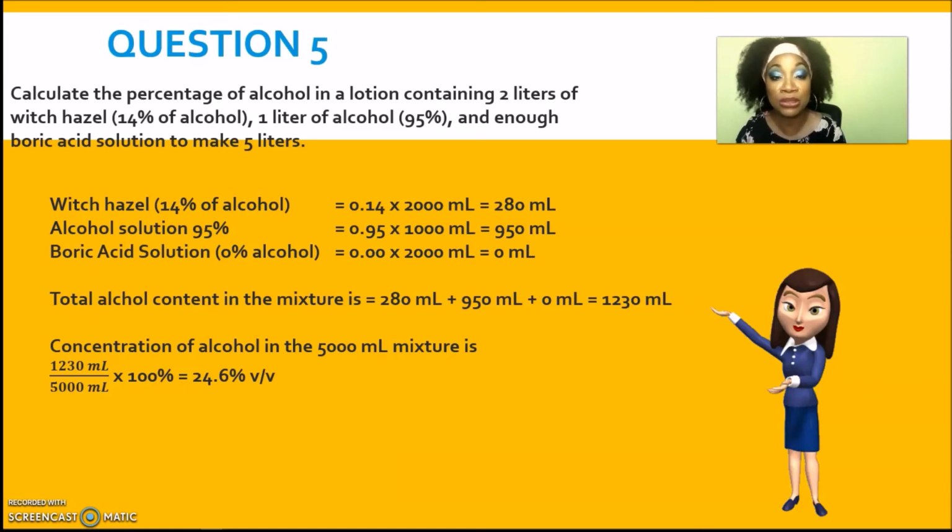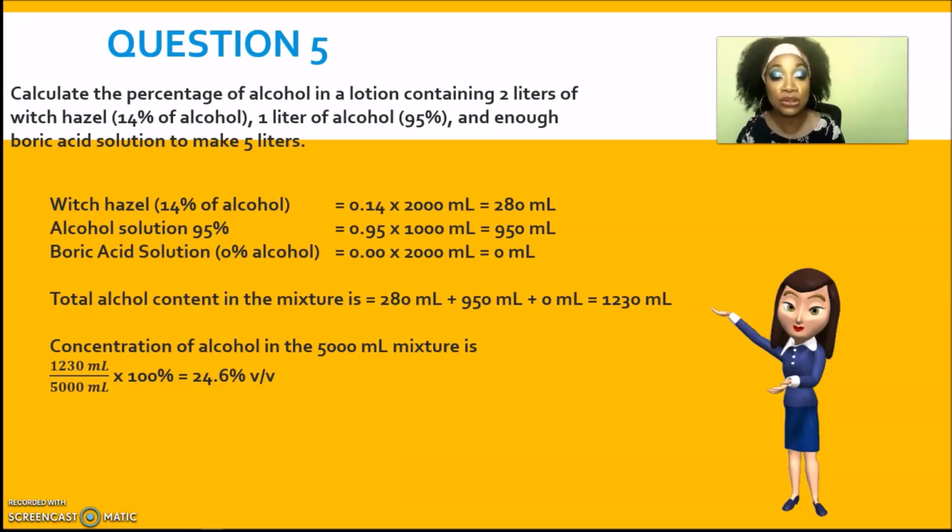So we determine the amount of alcohol that the witch hazel, at 14%, is contributing to the final 5000 mL mixture. We also determine the amount of alcohol that the 95% alcohol solution is contributing to the solution. And we all know that boric acid is not contributing any alcohol at all, so that's 0 mL.